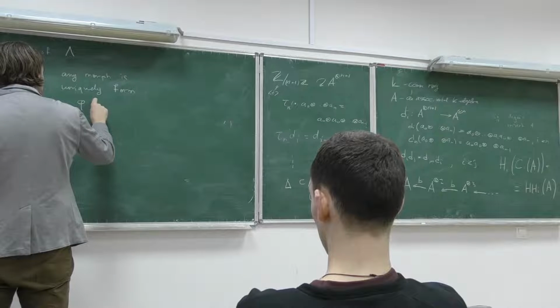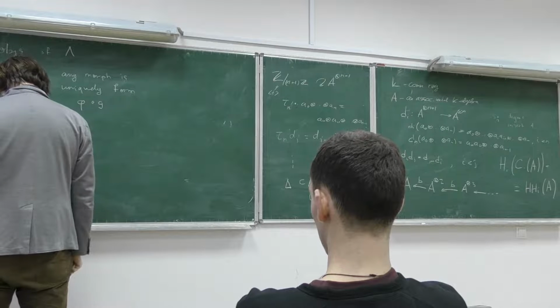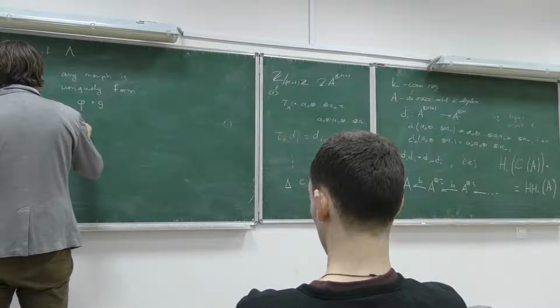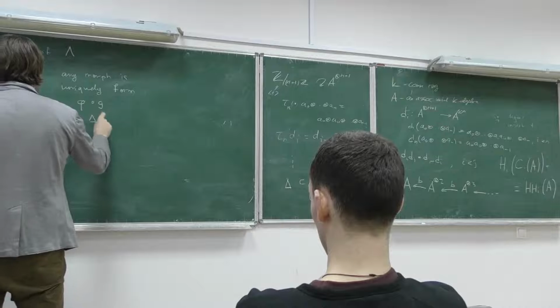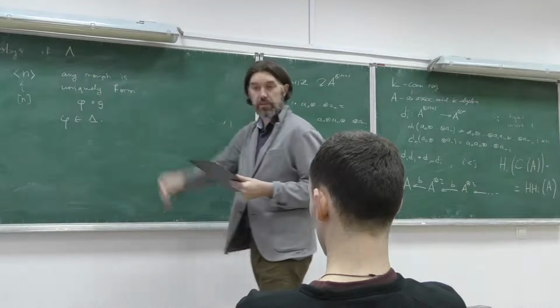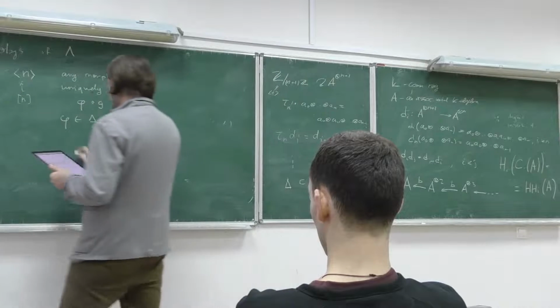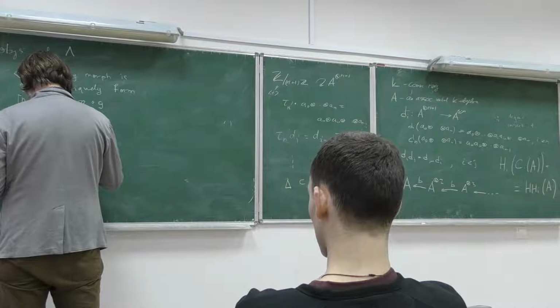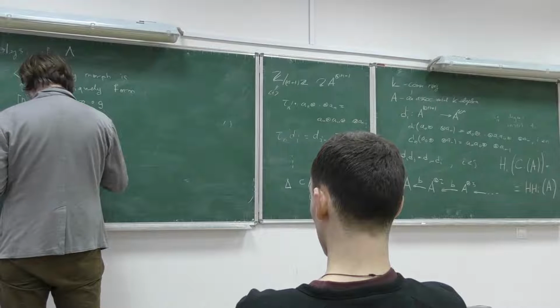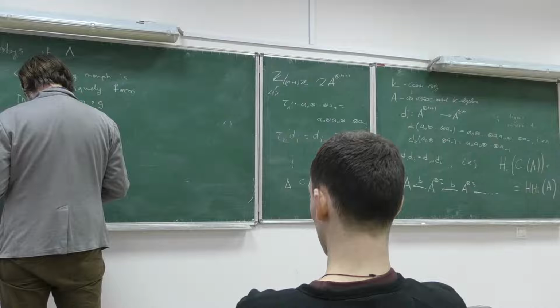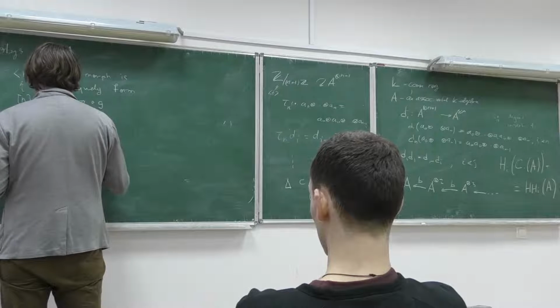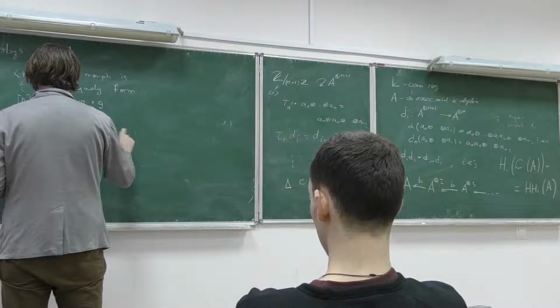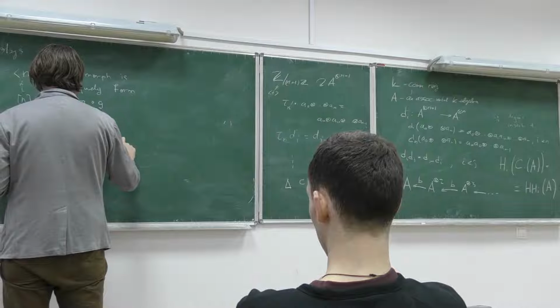Phi G, where phi is one of the usual simplicial maps, so it's order preserving. And G is an element of the cyclic group, generated by some Tn.